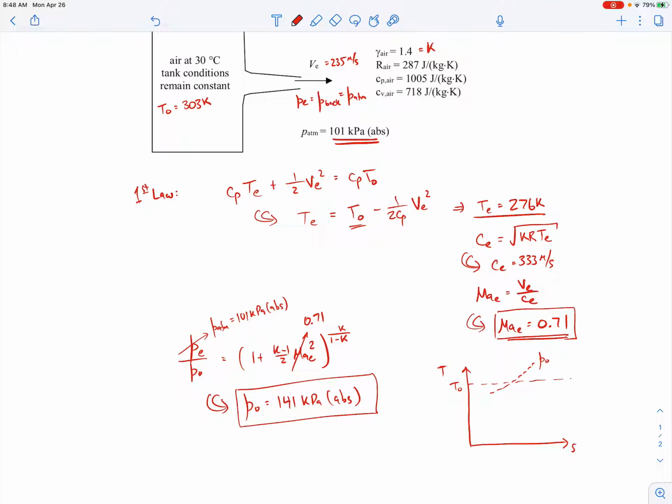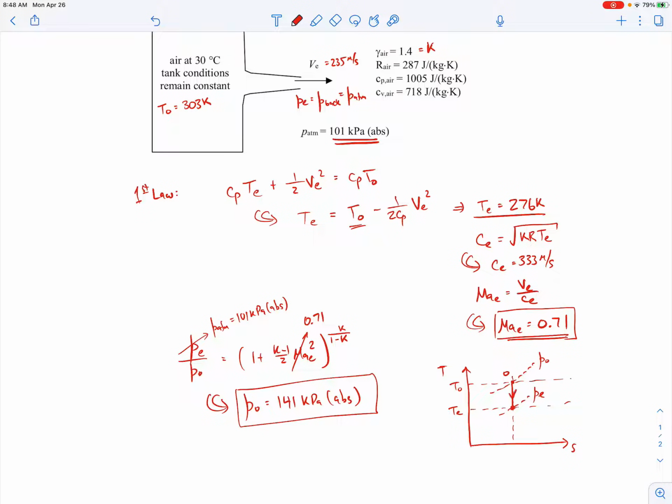That's the pressure in the tank. That's the 141 kilopascals we just found. So here's the stagnation conditions there. And then we go isentropically to the exit. So isentropic just means we're moving along this vertical line since the entropy remains constant. And the temperature drops until we reach the exit temperature and the exit pressure.